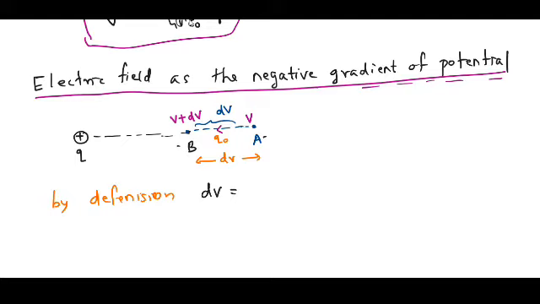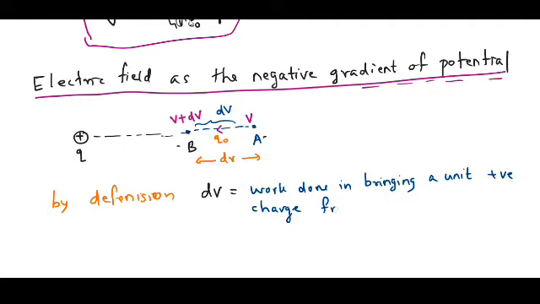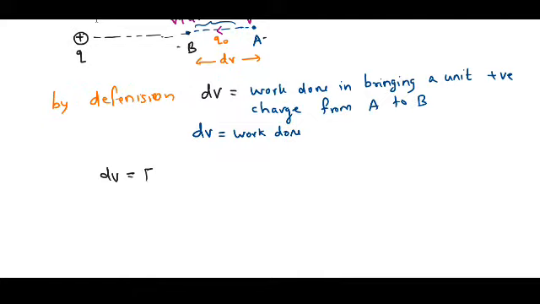That is, there is a potential difference, or the potential at a point is defined as the work done in bringing a unit positive charge from A to B. Okay, this is nothing but dV is equal to work done. dV is equal to F dot dr, because work done is nothing but force into displacement. dV is equal to dW, the work done.